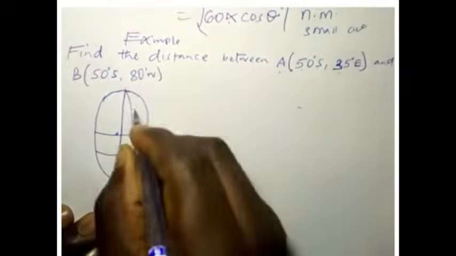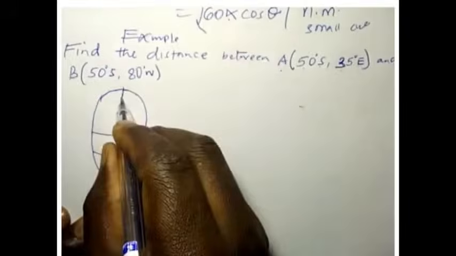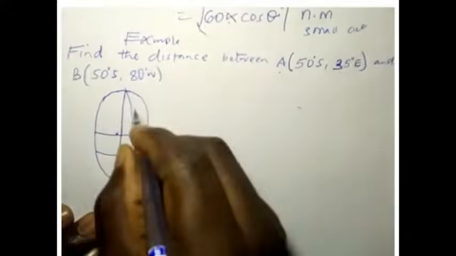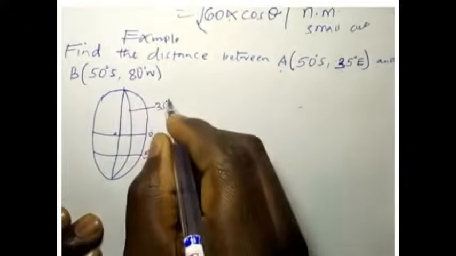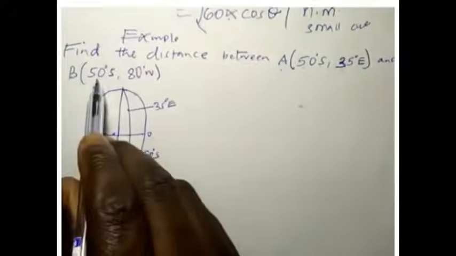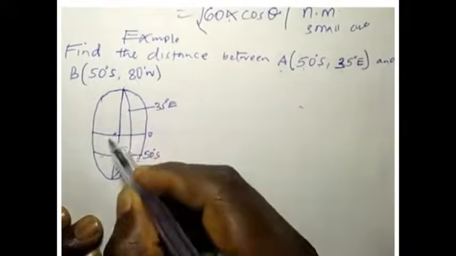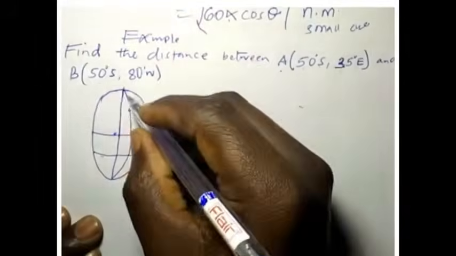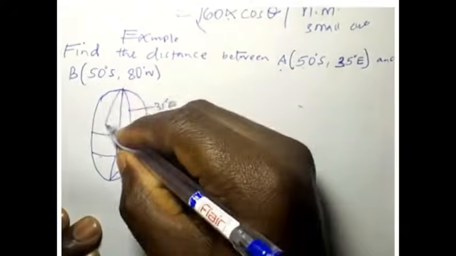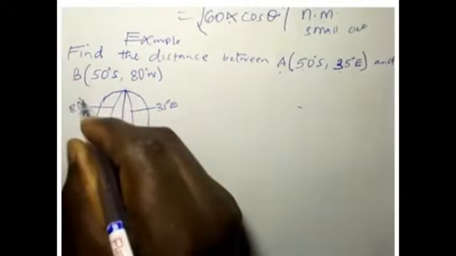And then point B is on the same latitude, going to the west, and this one is 80 degrees west.